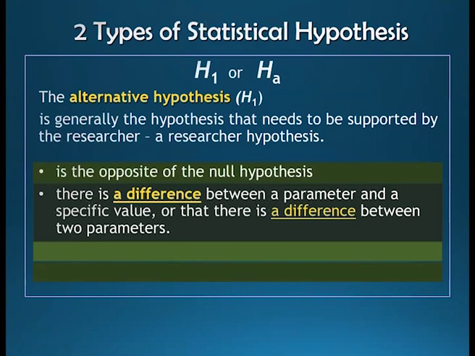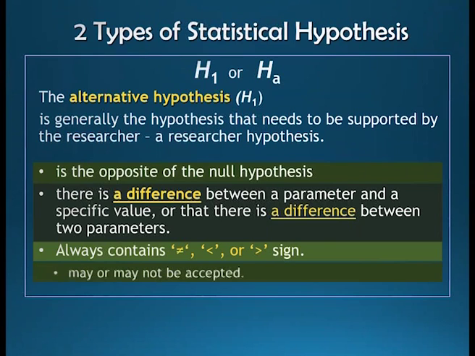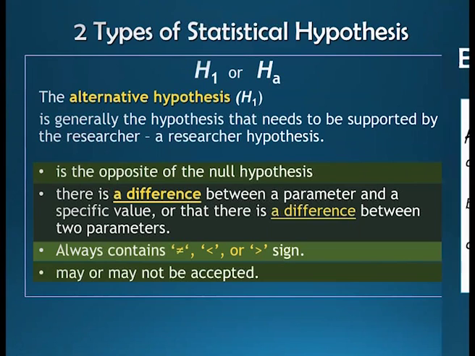So the alternative hypothesis is that there is a difference between a parameter and a specific value, or there is a difference between 2 parameters. It always contains the following signs: not equal to, less than, or greater than. And it may or may not be accepted.